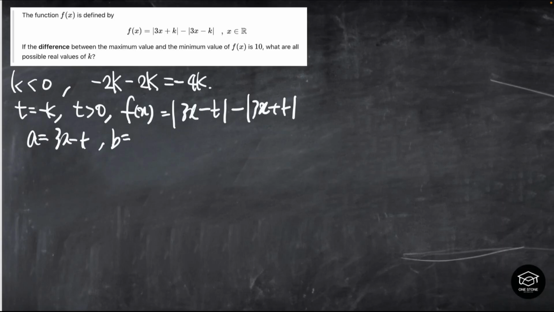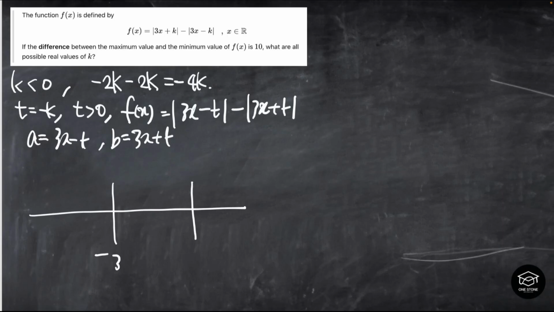The expression a becomes 0 when x equals t over 3. The expression b becomes 0 when x equals negative t over 3. So again, we divide the number line into 3 regions. First interval, x is less than negative t over 3. Here, both a and b are negative, so the absolute value of a is negative a and the absolute value of b is negative b.